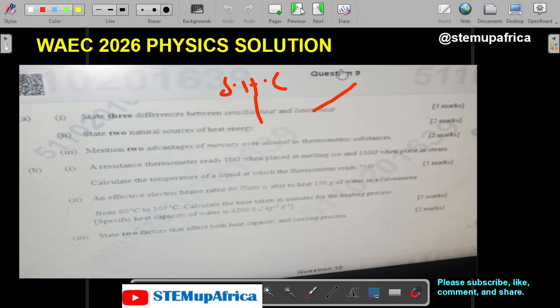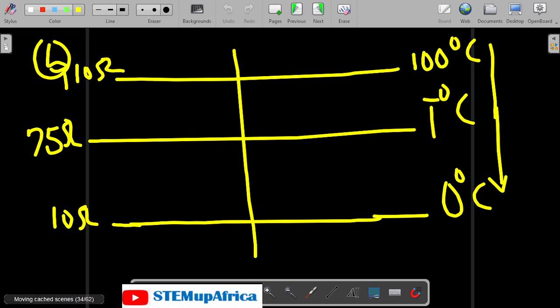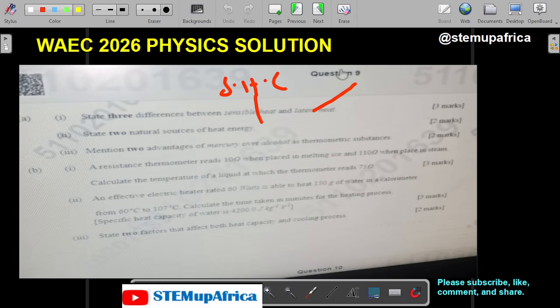Then question B, roman figure 2. It says an electric heater of 60 watts is able to heat 150 grams of water. So the power given to us is 60 watts, and the mass of water it heats is 150 grams.